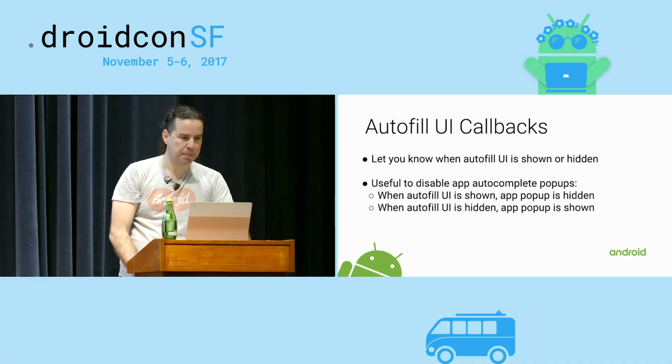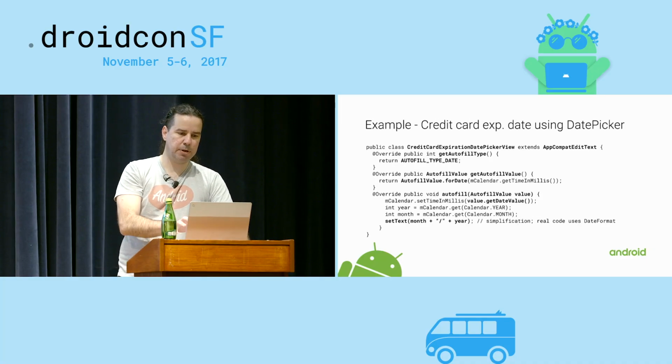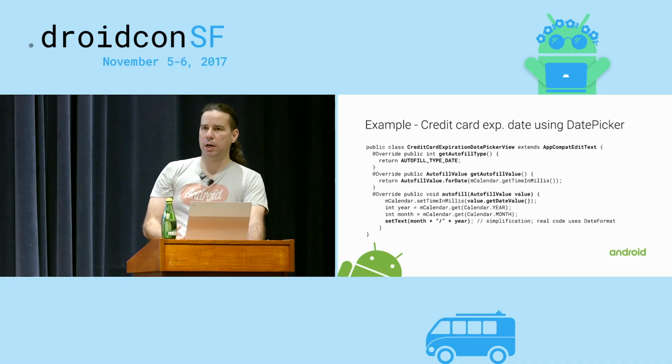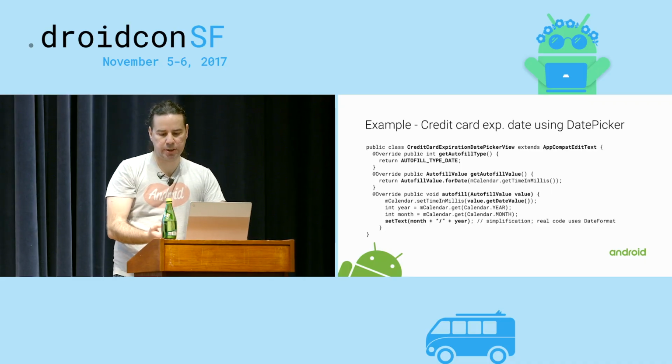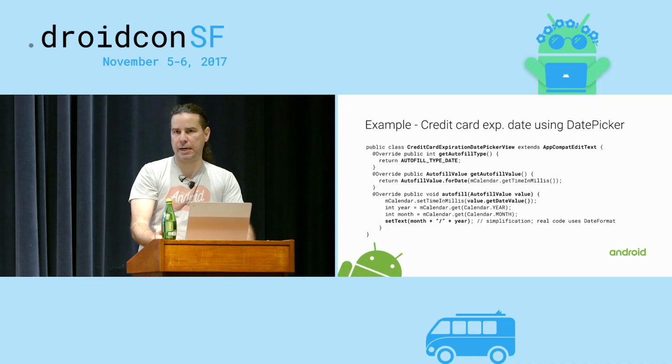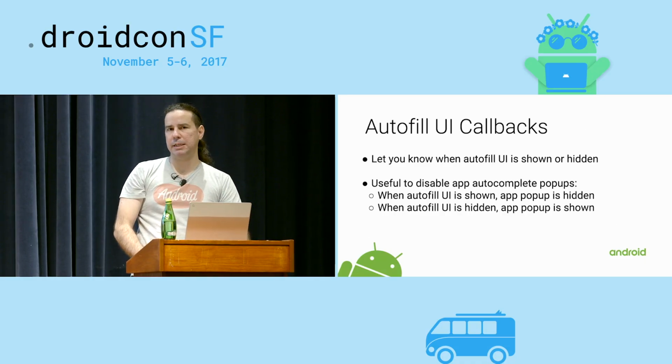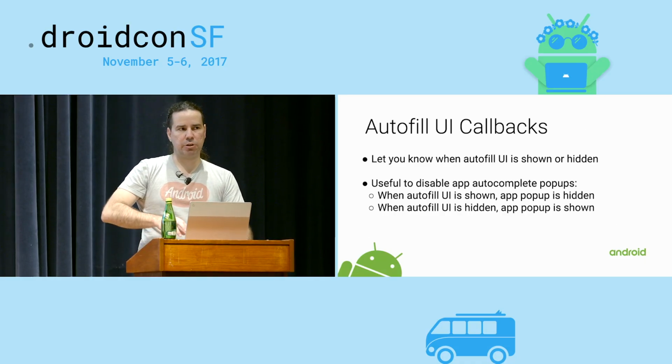Now, these are the typical, most common cases where you might need to optimize your apps or custom views for autofill. Now, there is another callback that we provide that is important, which is the autofill UI callback. Basically, this callback could be used when your app has your own pop-up, your own autocomplete views.